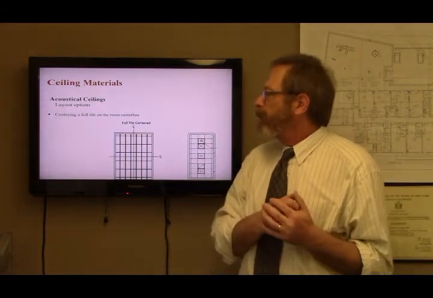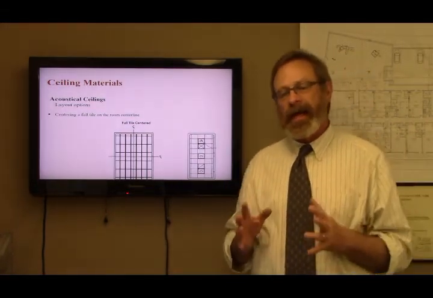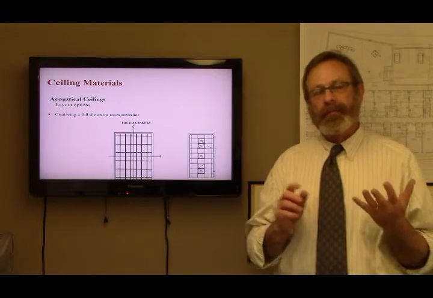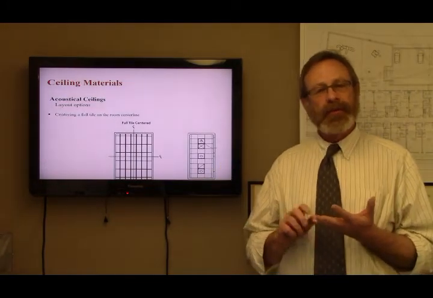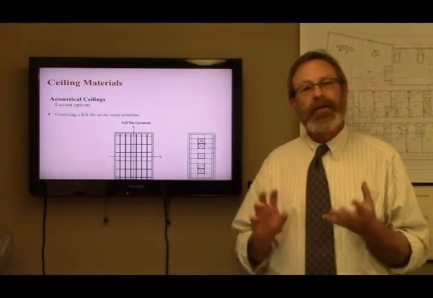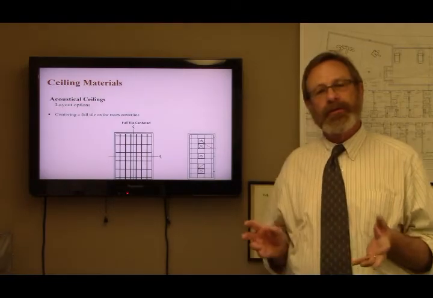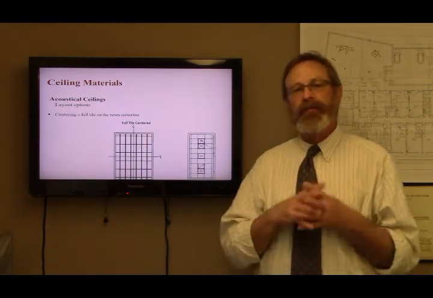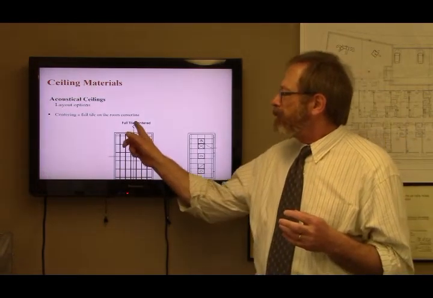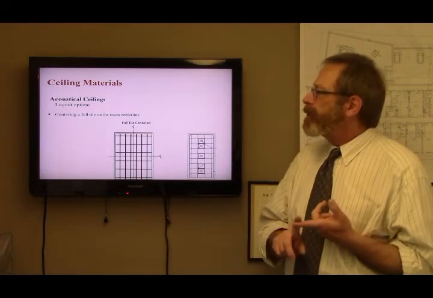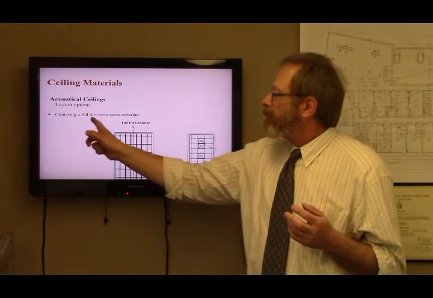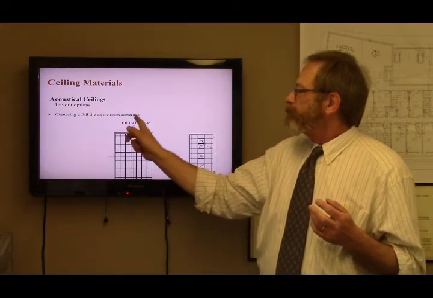We want to make sure that when we do lay out our ceiling, because it's called a reflected ceiling grid, where we're going to draw our light fixture locations and sizes to scale, and we're going to locate our heating, ventilation, and air conditioning vents and registers and supplies and sprinkler heads and very many other things, that our ceiling tile is either centered in the room, so we have a ceiling full tile centered on the room center line.